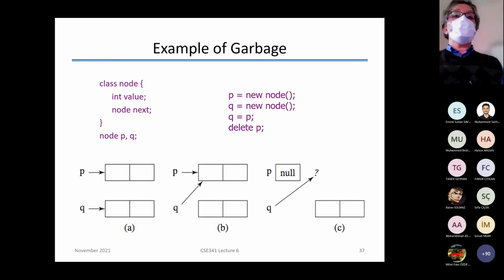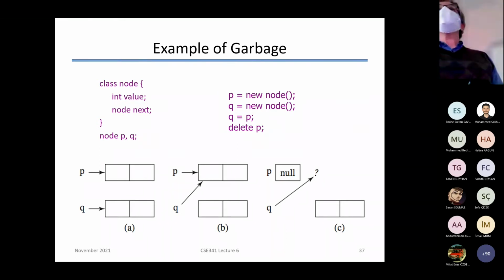Right, so there is a simple example. You must know this one from your earlier programming courses. I have a class which has two fields, an integer value and a node next. I generate two instances of this class, P and Q. I take P as a new instance of node, and I take Q as a new instance of another node.